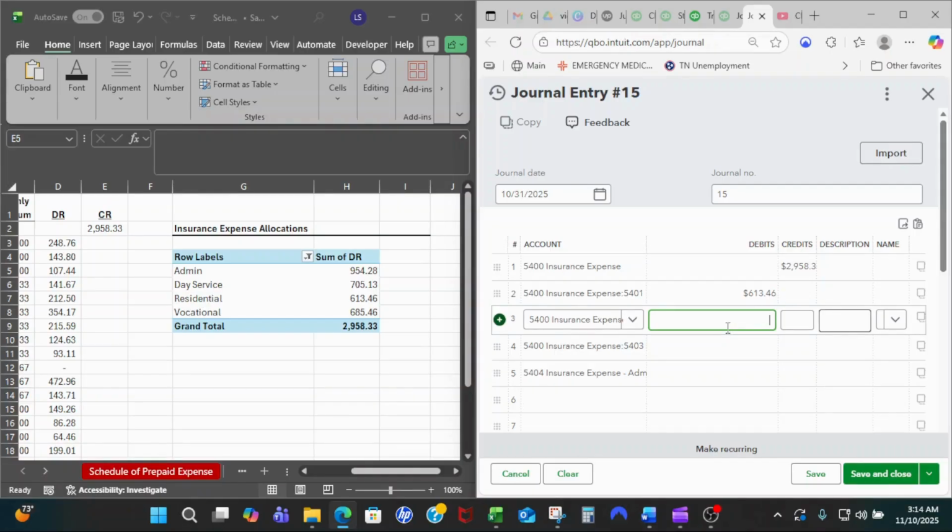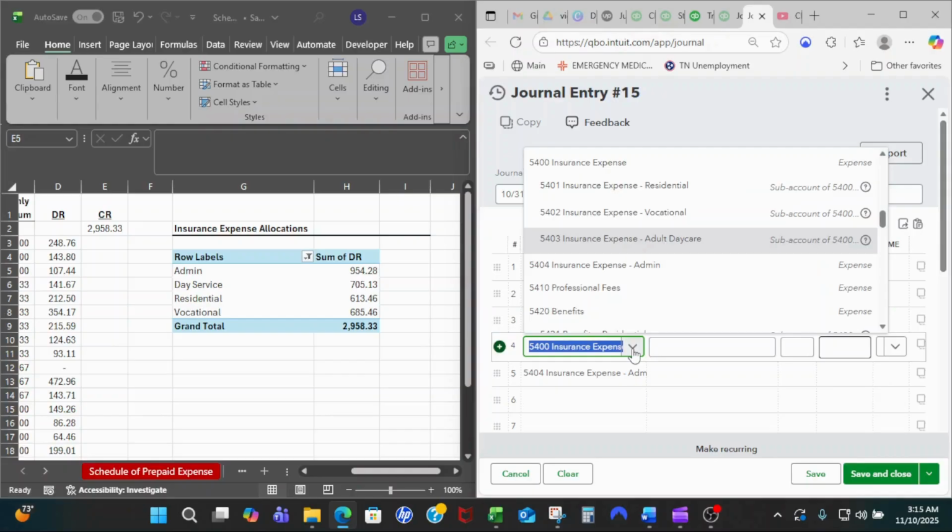5402 is vocational. 68546 for vocational. 5403 is going to be the daycare. 70513.